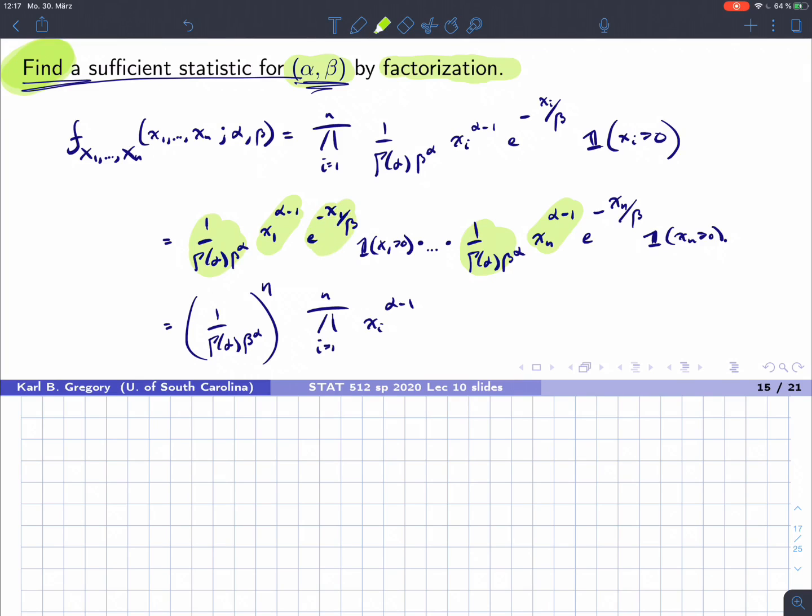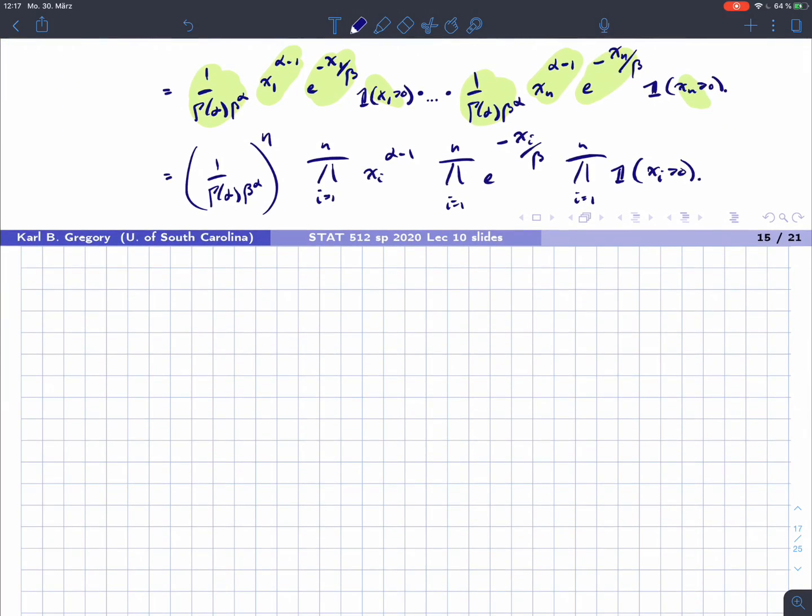And now these are going to be the product of e to the minus xi over beta. And then all these indicator functions I can write in another product like this. Okay. So I don't exactly see sufficient statistics jumping out at me yet.